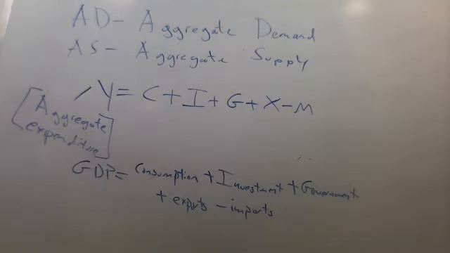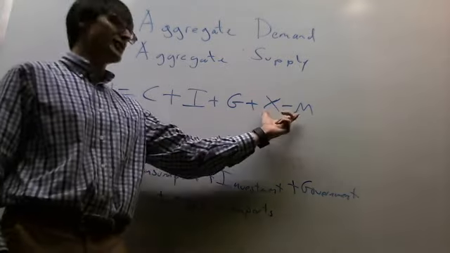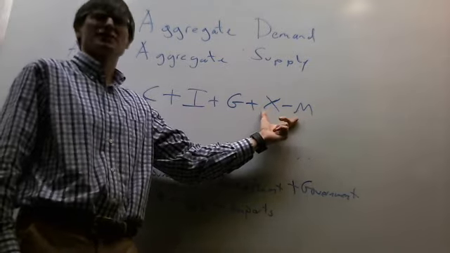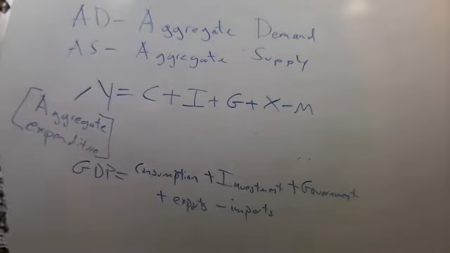C plus I plus G plus X minus M. Sometimes you'll see this in other textbooks as NX for net exports, which is the same thing as exports minus imports. Right?